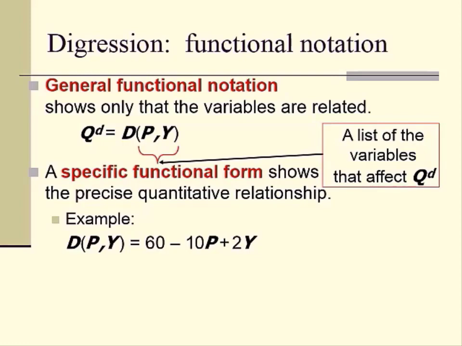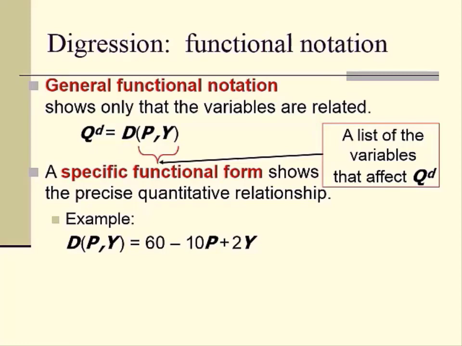Whereas a specific functional form shows the precise quantitative relationship. For example, D of P and Y, that is, quantity demanded, equals 60 minus 10P plus 2Y. So it shows exactly how much the quantity demanded changes when the two variables P and Y change.